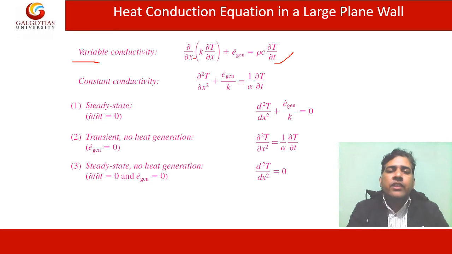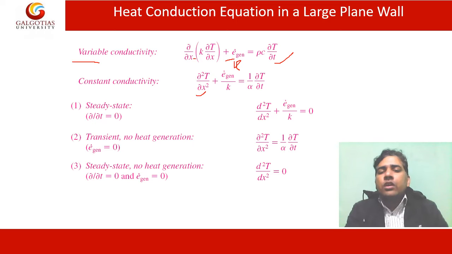So del over del x of del T over del x becomes del squared T over del x squared. Since k has come out of the bracket, after dividing, k will be divided over here if it is constant. So it becomes E generation upon k equal to 1 upon alpha times del T over del t, where alpha is equal to k upon rho c.